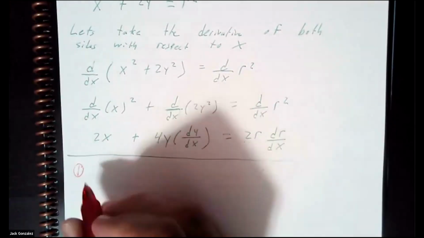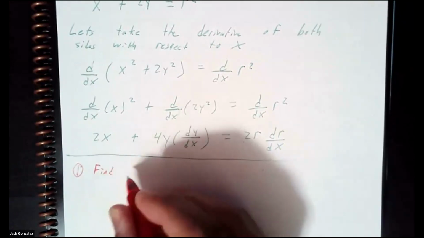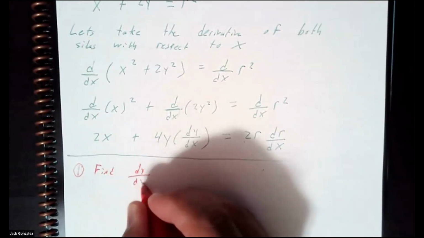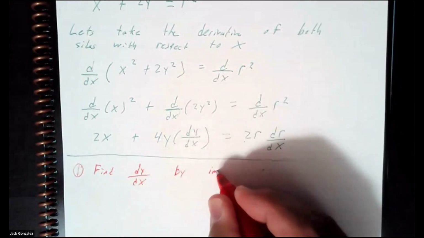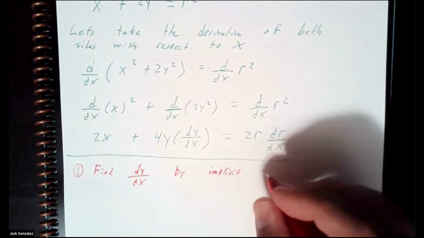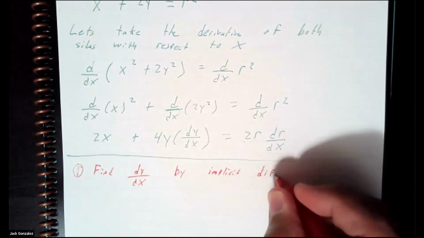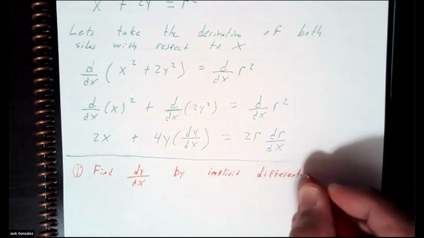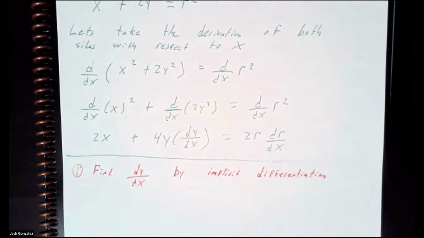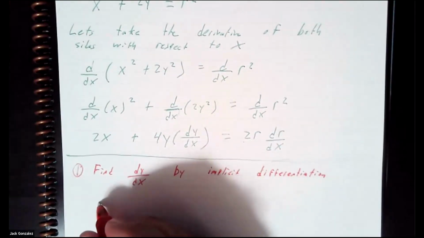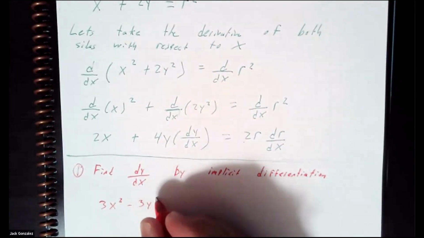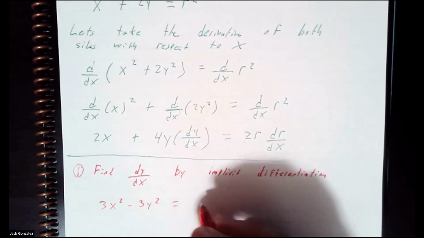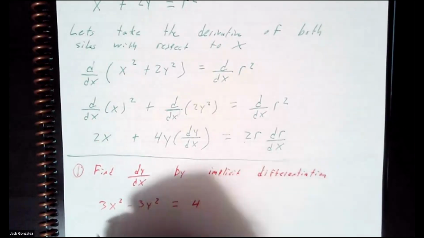So number one. Find dy dx by implicit differentiation. So given this guy, do the derivative with respect to x on both sides.